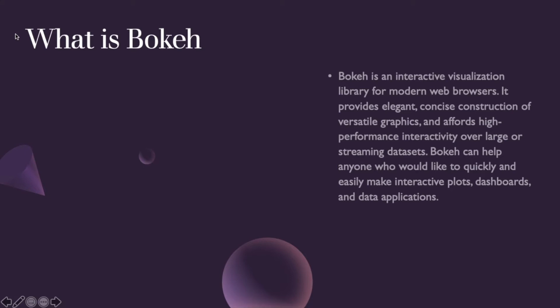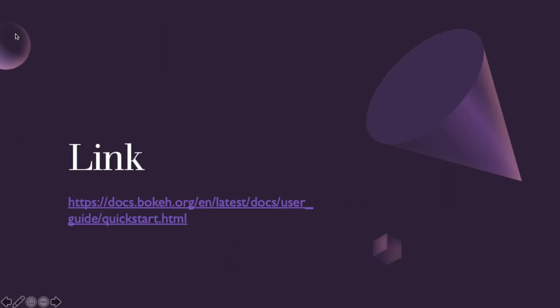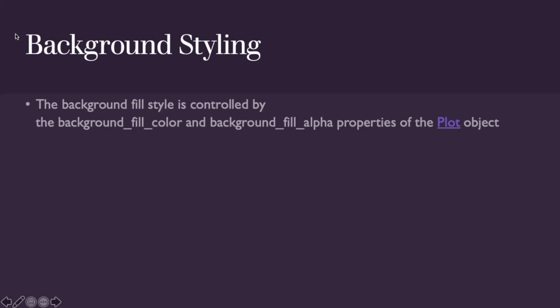This is very generic. What is bokeh? Next is the link. I'm always going to put that, don't worry if you are not familiar with the link. Then the next thing is how to do the background styling. There is very little documentation, and I took this from the official documentation. This is just a copy paste from it. That is why I'm saying, guys, please go through the documentation. You will get to know so many different things, and it will definitely help you become a good programmer or engineer.